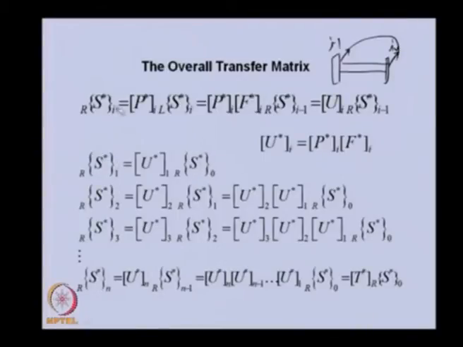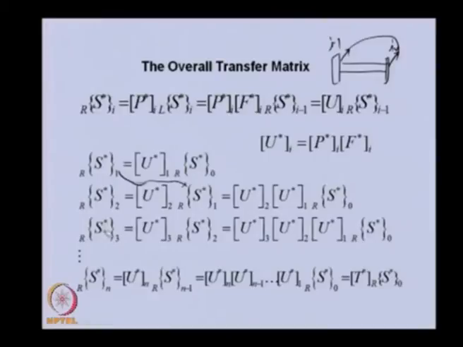Now, this i we can take as 1. If we take i as 1, the state vector right of 1 can be related with u1 and the state vector at the 0 station. If i is equal to 2, the right of 2 is equal to u2 and the state vector right of 1, and if we substitute this here, this will be u2 into u1 into the state vector at the 0 station.